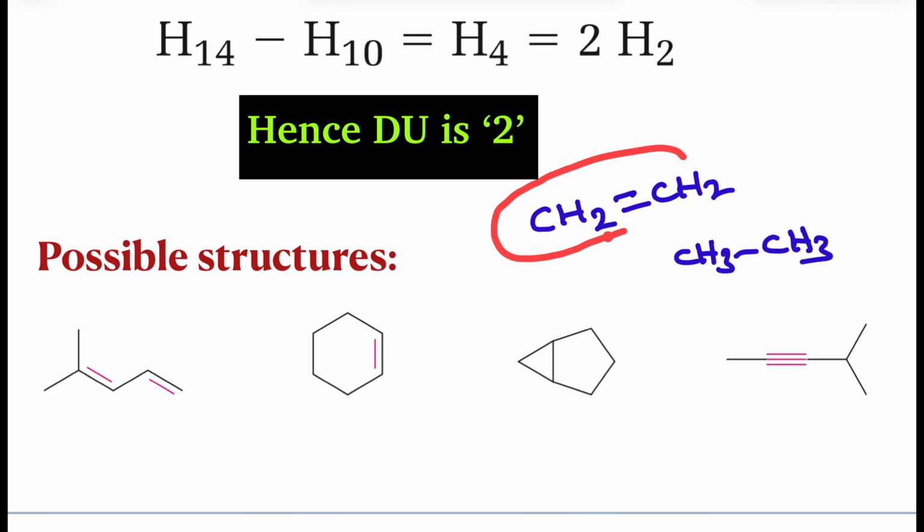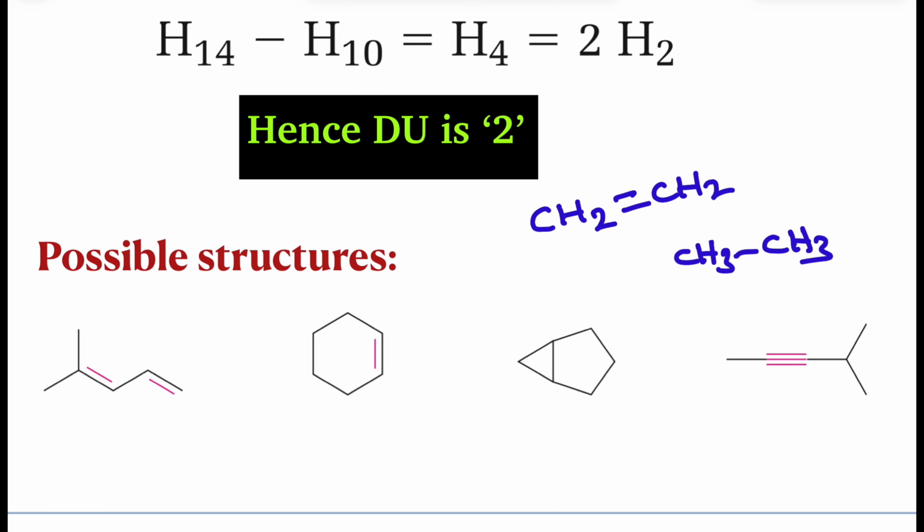But with two carbons, we cannot write a ring system, so I am saying that it is a pi bond. When the degree of unsaturation is 2, you can write 2 pi bonds, in the form of 2 double bonds or a triple bond. You can write 1 pi bond and 1 ring system. We can even write 2 ring systems.